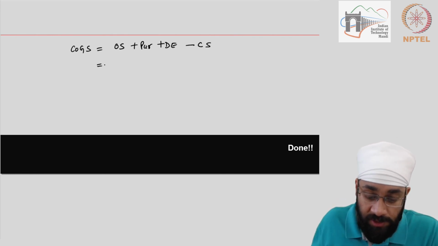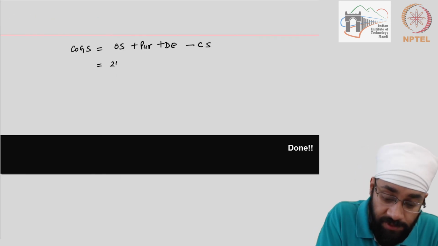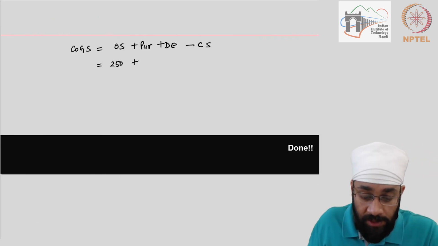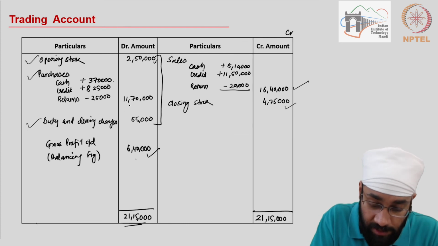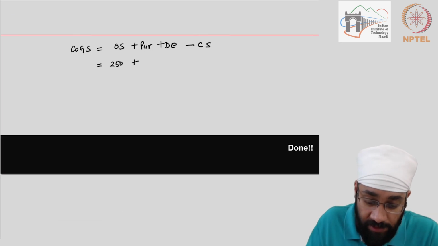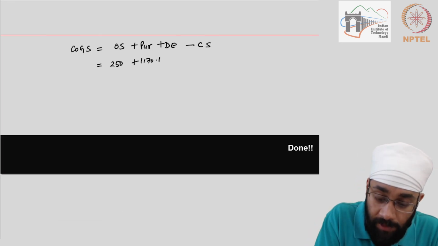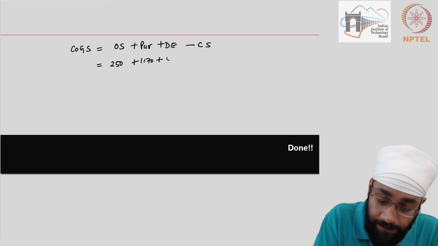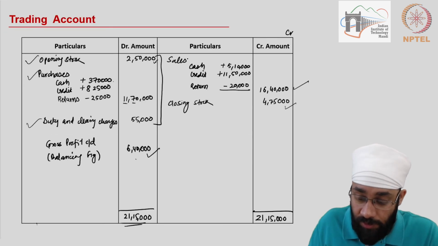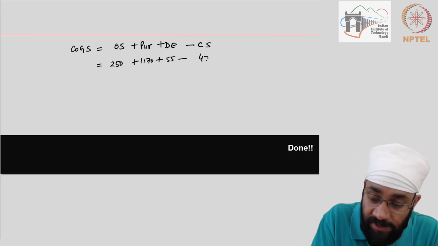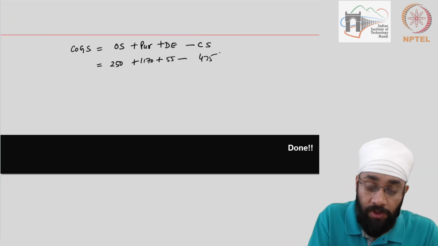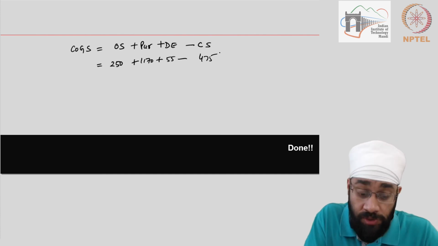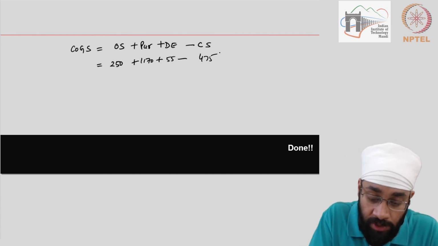So opening stock is 2,50,000 plus the purchases are 11 lakhs and 70,000. Direct expenses are 55,000 minus the closing stock, which is 4 lakhs and 75,000. When you do this calculation, you can figure out the cost of the goods sold.